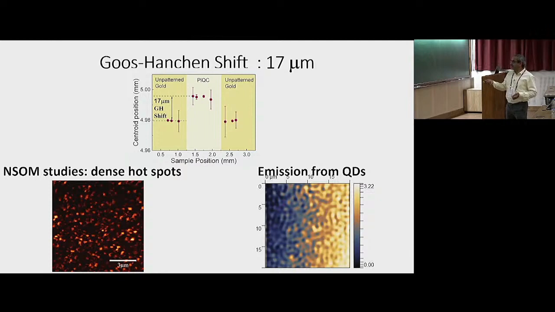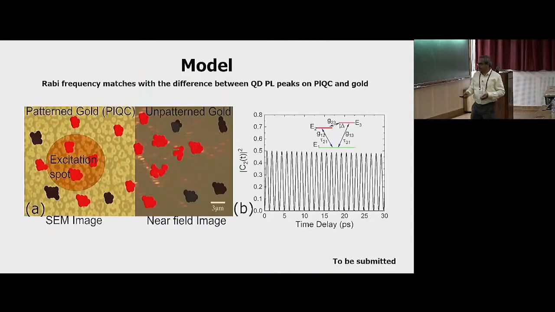The excitation spot is somewhere here, and we leave about 6 micron from the edge of that spot, and then measure the emission coming from these quantum dots. We block with a notch filter, suppress the excitation wavelength and collect only the emission. What we see is quantum dots up to about 17 micron or so from the excitation center. So they're all excited in this structure.